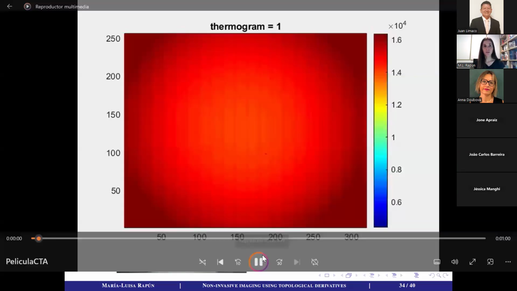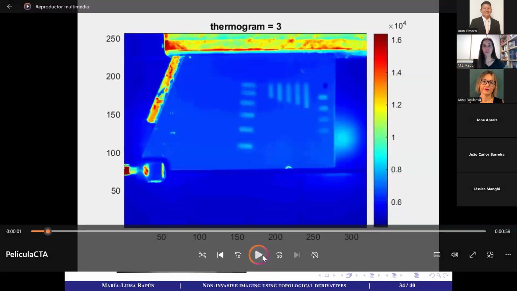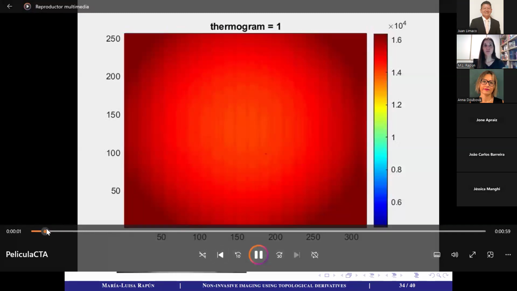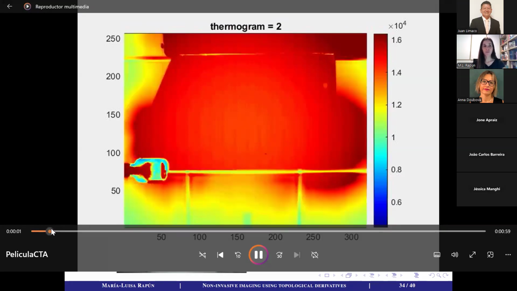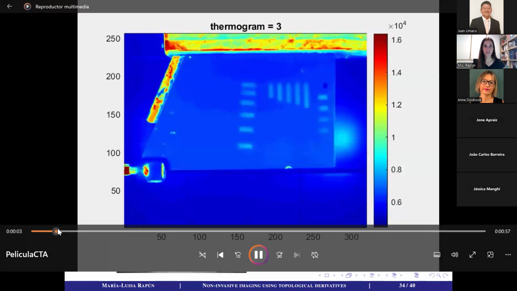Okay, so you can see here what happens. At the beginning, my plate is very, very hot, so you cannot see anything. Then in the next thermogram, you can almost not see anything, but then in the next one, you can see the transversal shape of the defects. So this is how thermography usually is used.